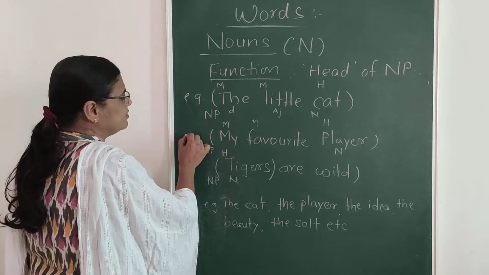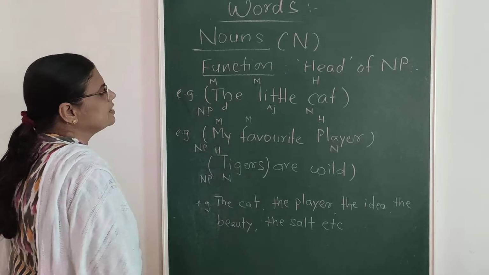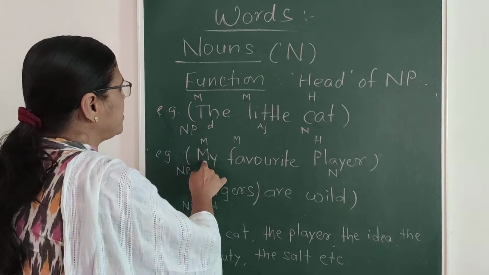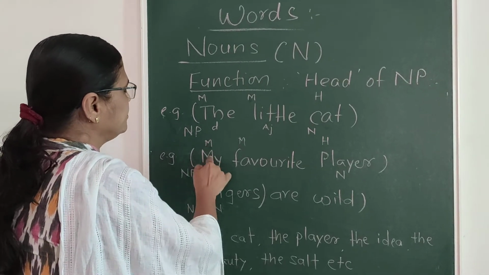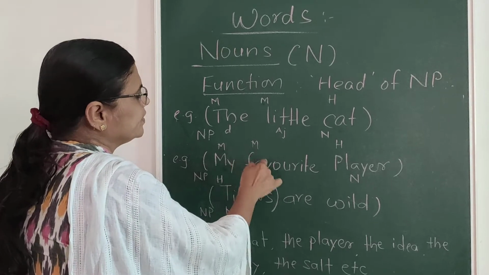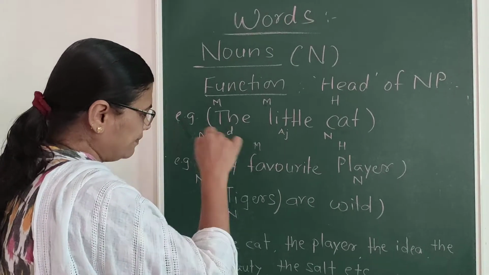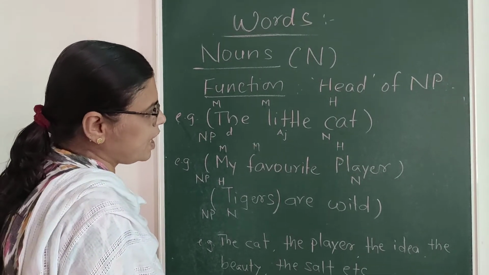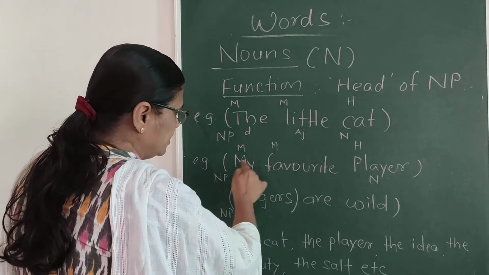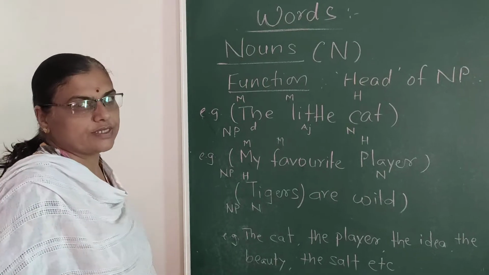One more example we shall see here: my favorite player. Now see here, my is a modifier, which is a pronoun. Favorite is a modifier, which is an adjective, and player is a noun. And player is the head word in this noun phrase.